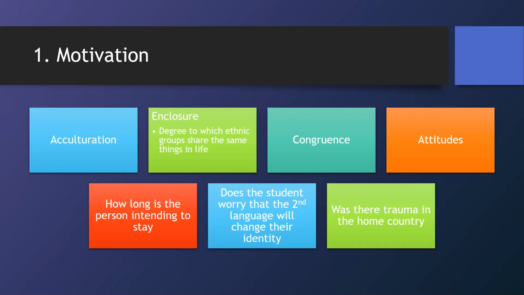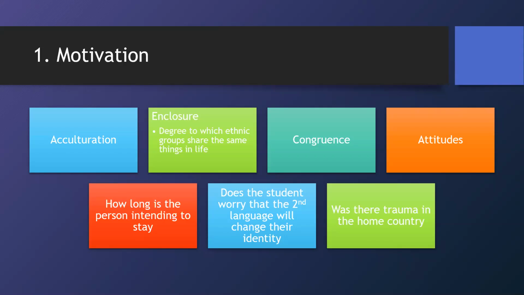It may be that the person is not motivated to learn a new language because they don't want to lose the culture that they came from. On the flip side, depending on the other variables at work, a person may be very interested in acculturation.